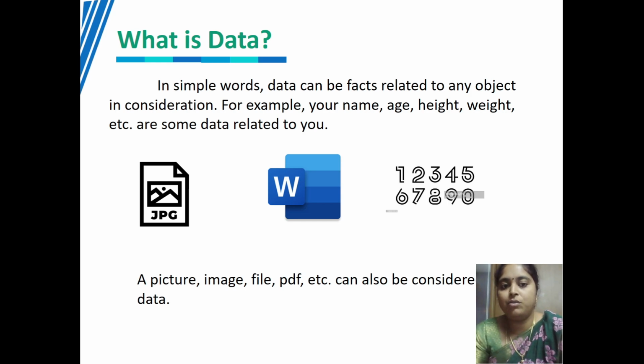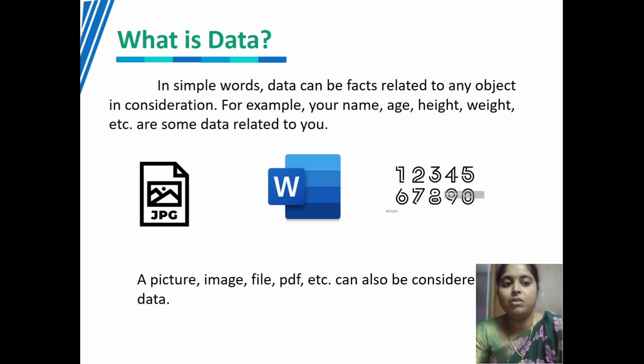For example, your name, age, height, weight, etc. Everything is data. If I need to store the name list of the students, the name is data. If I need to store many movies on my laptop, the video is data. It can be a picture, image, video, file, PDF, Excel. These are the things we need to store in a database, right?